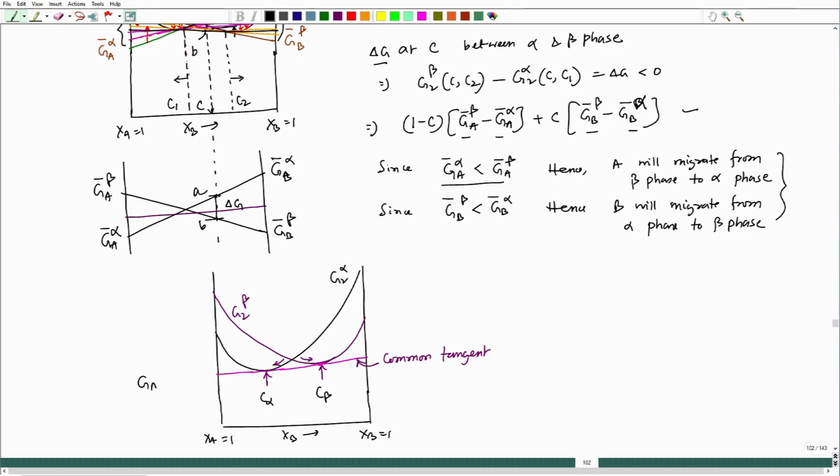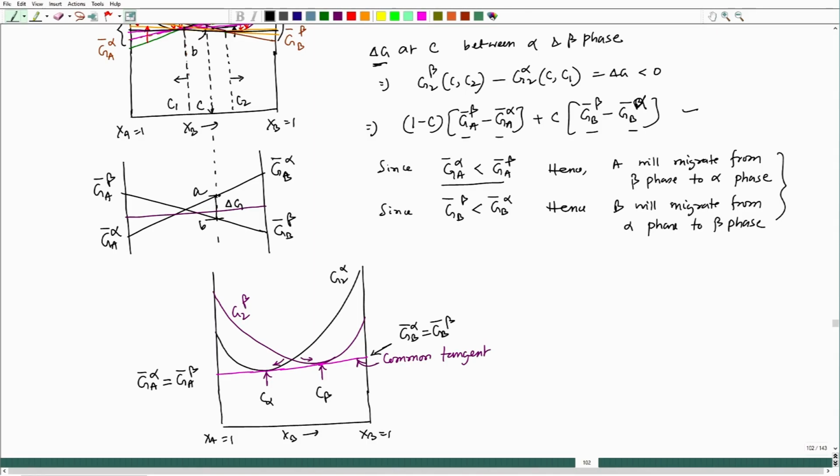And then I see this is an interesting point. Here I see that G A bar alpha is equal to G A bar beta, and here I see G B bar alpha equal to G B bar beta. So, that means escaping tendency of A in both alpha and beta phase and escaping tendency of B in both alpha and beta phase all are equal. So, that means there will be no net movement of any component from one phase to another, because all the free energy difference, that is delta G, this delta G has ceased because it has come on a same platform.